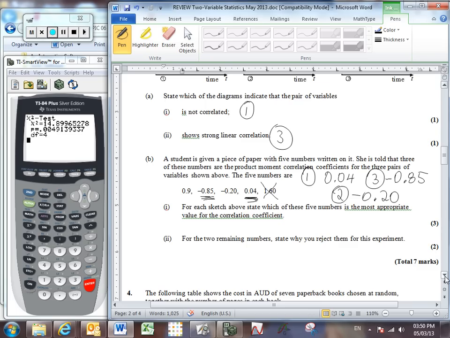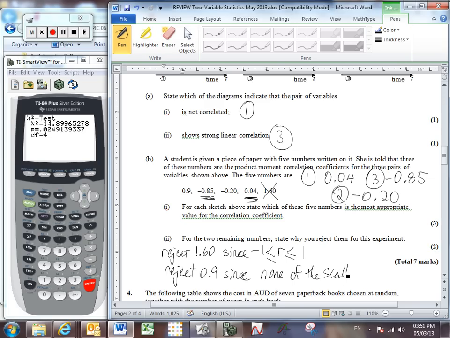Well, I already talked about rejecting 1.60, since r must be between negative 1 and positive 1, and I rejected 0.9 since none of the scatter plots indicate positive correlation.